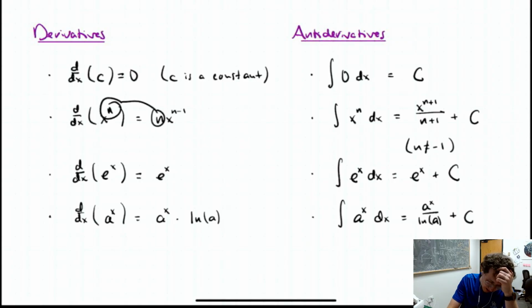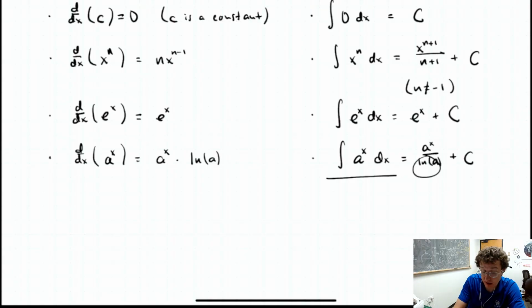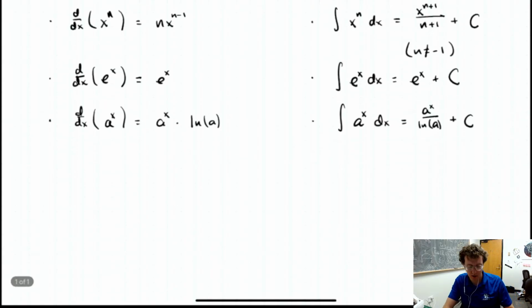And that n matches the power that was being differentiated. Same thing down here. When we differentiate an exponential function, we end up multiplying by ln of a. When we anti-differentiate an exponential function, we end up dividing by the natural log of a.